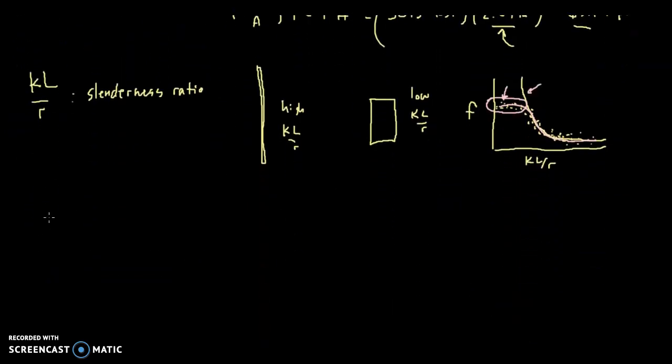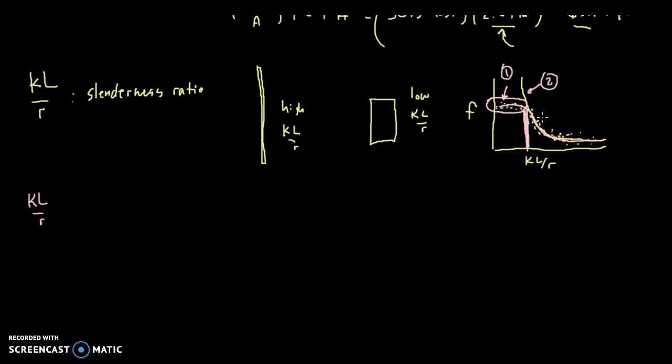So it starts off with KL over R. We want to calculate the KL over R for our given column. And then we're going to compare it to the cutoff point, the value essentially right here, to figure out, are we in situation number 1 or situation number 2?